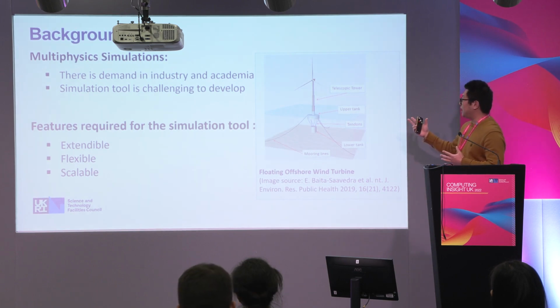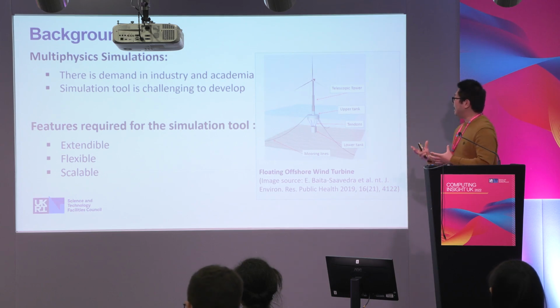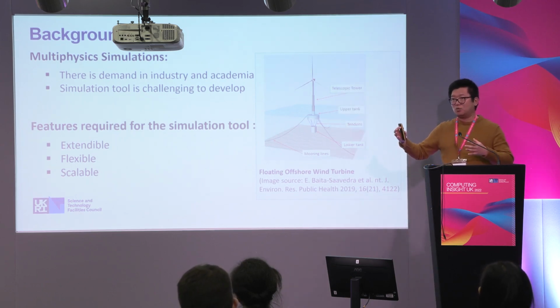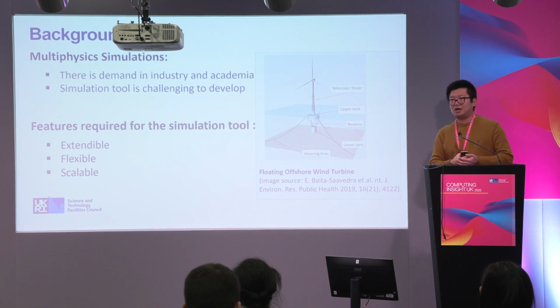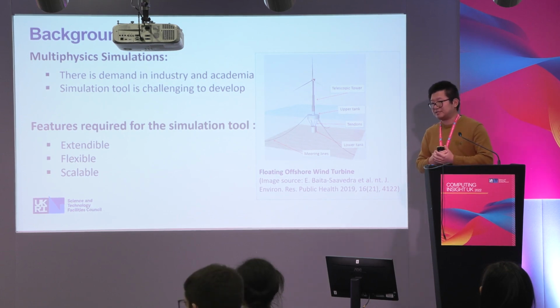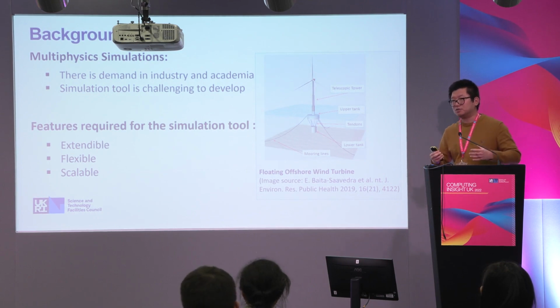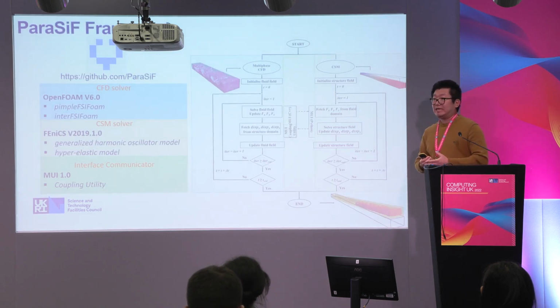Nowadays the floating offshore wind turbine is very large, and the tower and the blade involve aeroelasticity. All of these are multi-physics in nature, and we need a tool to simulate such a case. So we developed the ParaSiF code.